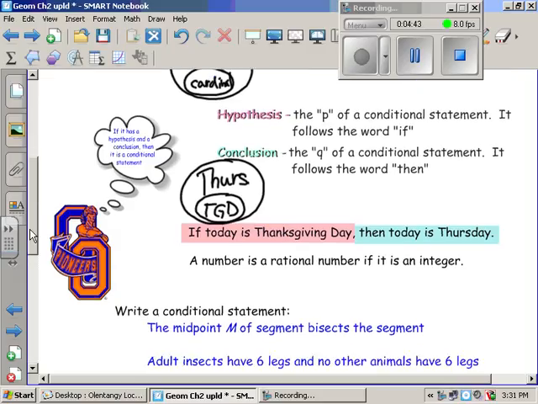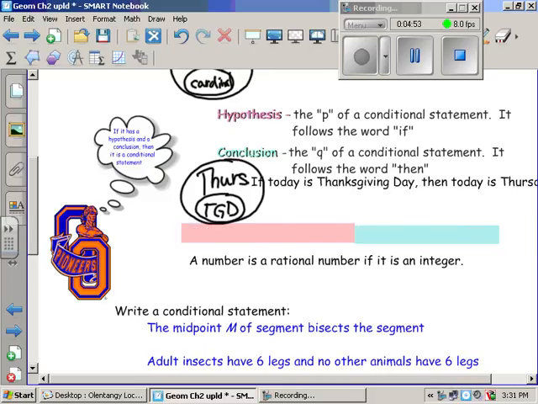All right. Somebody come up and do the next one, and be careful because it's a little bit trickier. Okay. Right. You know that this is the hypothesis because it's after if. Even though it's coming at the end of the sentence, it's still after if.